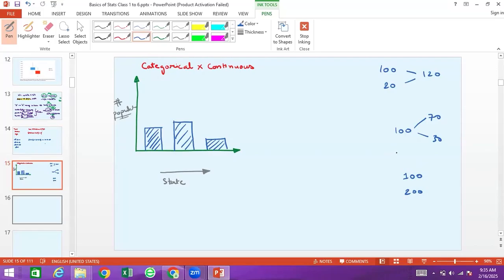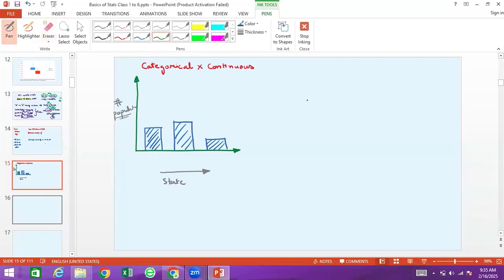There can be an island with no one there, and we can say it has a population of 0 people. This is not a reference point; 0 people means actually 0 people. So population is a continuous variable. Wherever there are numbers that can be summed up and subtracted, those are continuous variables.